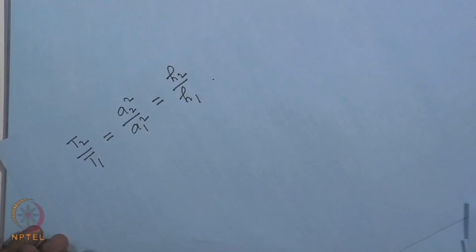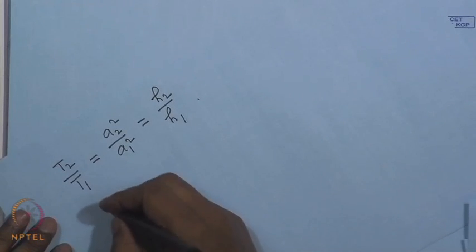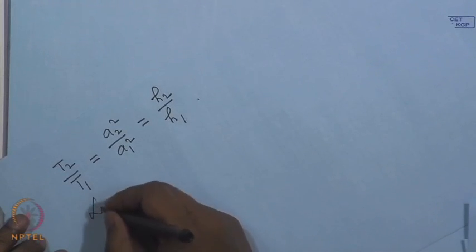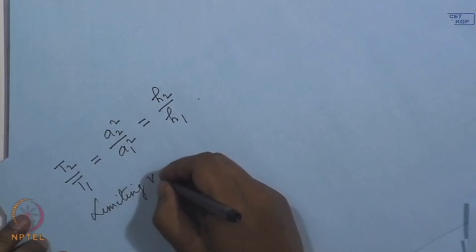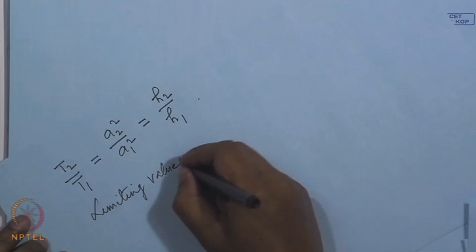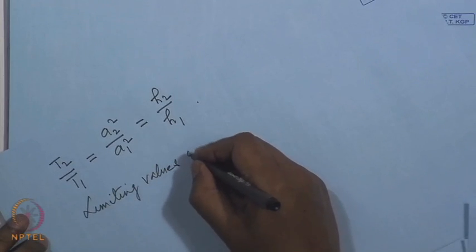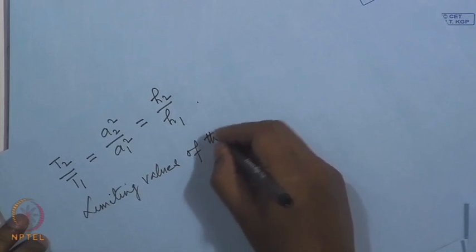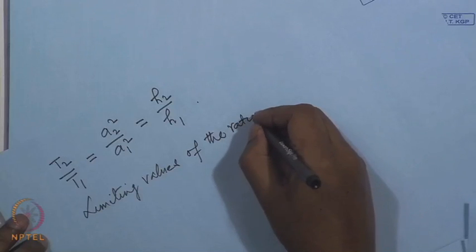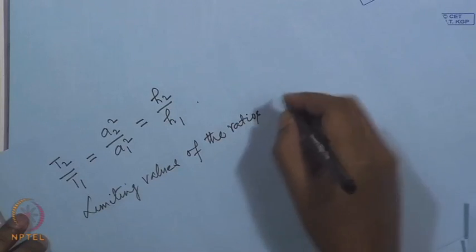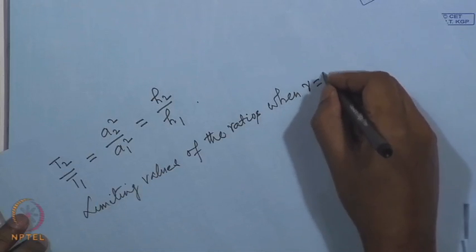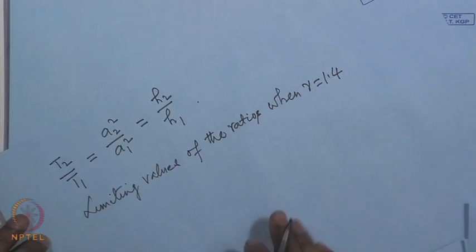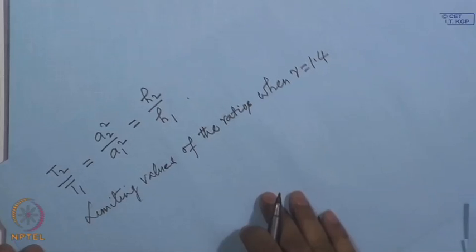The limiting values for these ratios for air with gamma equal to 1.4, that is, limiting values of the ratios when gamma is a fixed quantity given by 1.4 as is usually used for air.